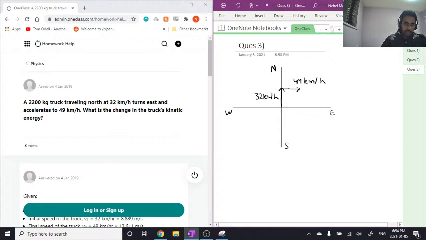This is a fairly straightforward question, and the way we would solve it is using the formula for kinetic energy. Kinetic energy is equal to half mv squared. I drew this diagram just for a visual representation, but in the actual question we don't really mind which direction the truck was going in, because change in kinetic energy is a scalar quantity.